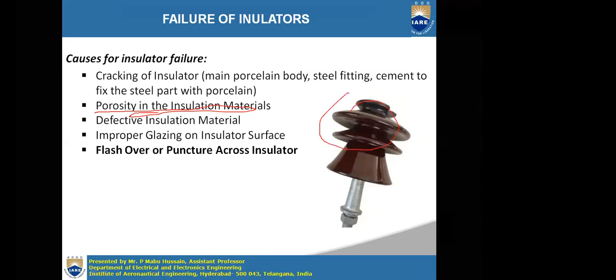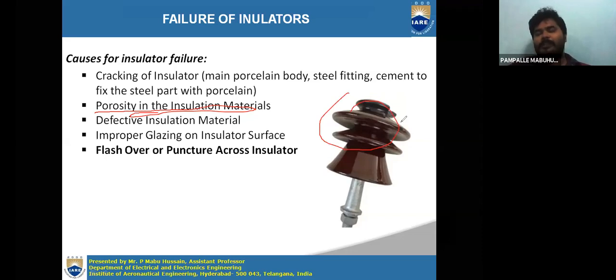Whenever there are pores in the insulator, they will absorb moisture. These discs are used in overhead transmission lines, right? So when the disc has pores, it will absorb moisture from the atmosphere.